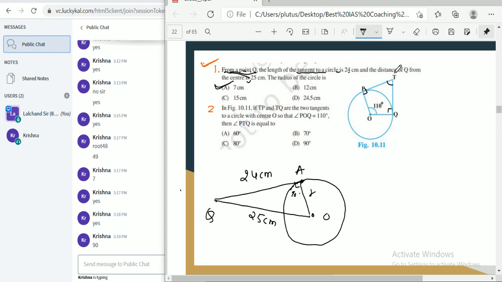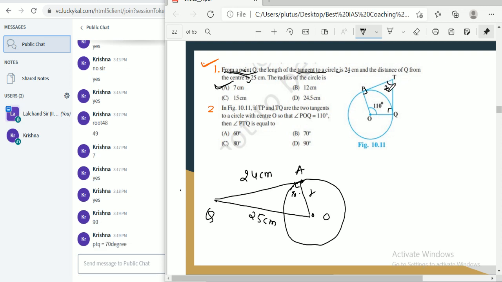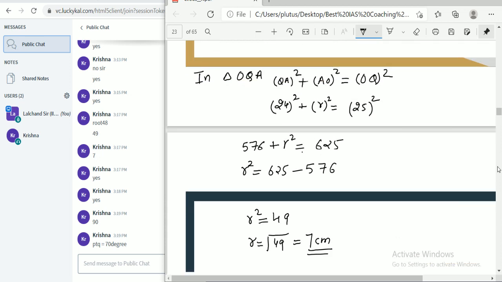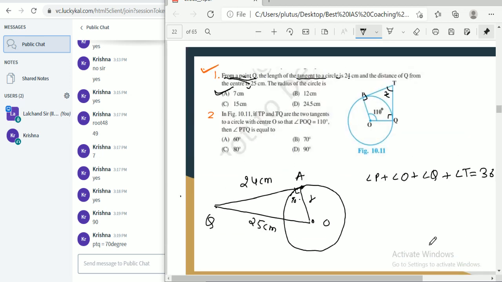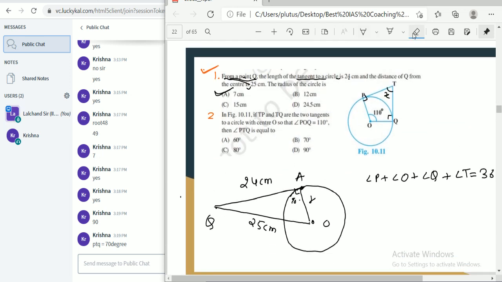So let us suppose this angle is X. If we write the value of all angles, angle P plus angle O plus angle Q plus this angle T should be equal to 360 degrees.